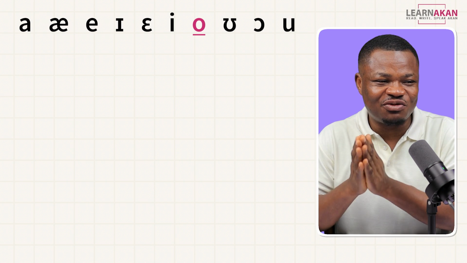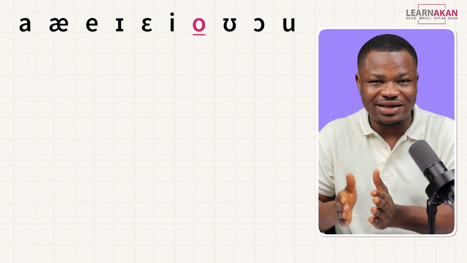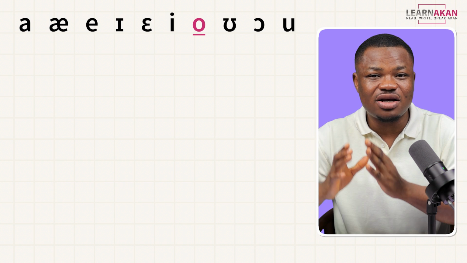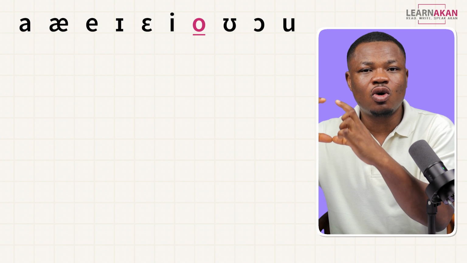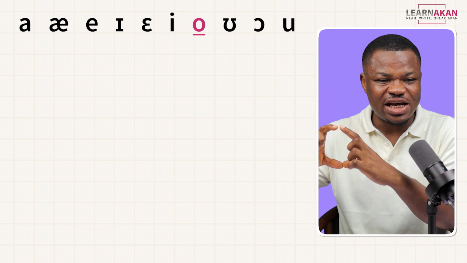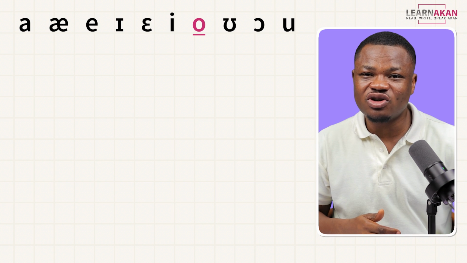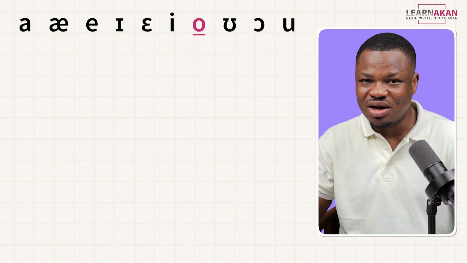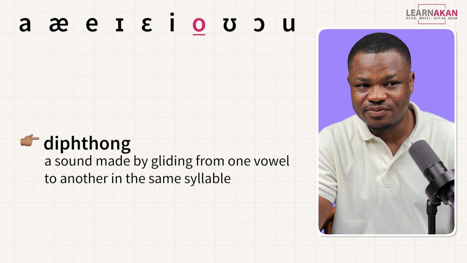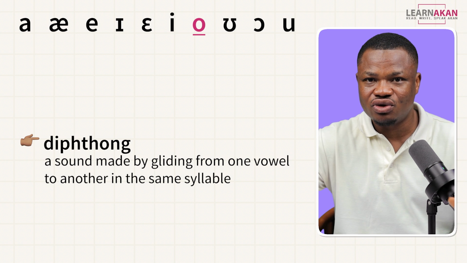And this is the last vowel that comes with two distinct sounds. So we are starting with the first sound, which is O. And this is a pure O sound. I'm saying pure O sound because I realize that in English, most of the words that contain sounds close to this one are actually diphthongs, as in they move from one sound to another.